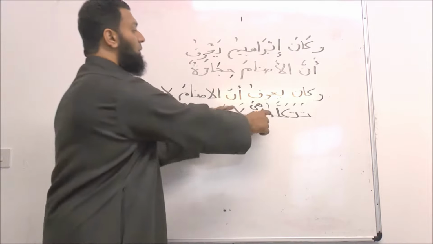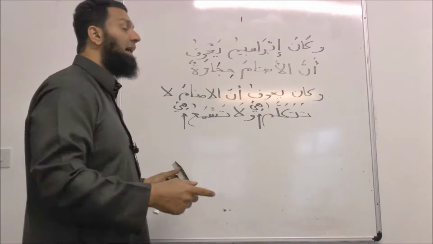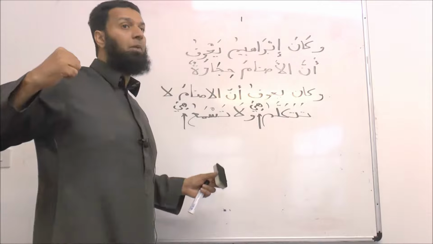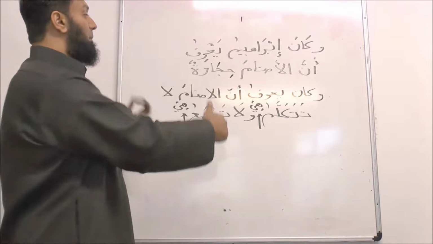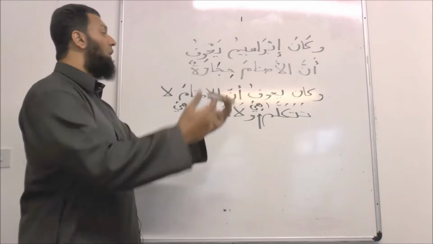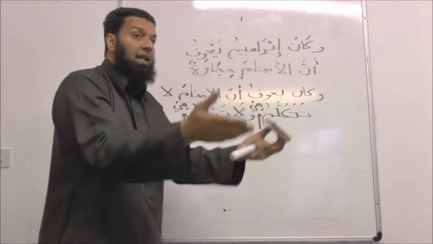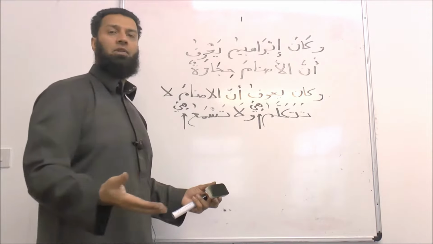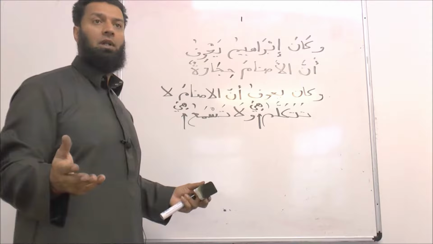If we're going to say that the idols do not speak with the people, because that's what he's saying, isn't he? The point that Ibraaheem عليه السلام made to his people is that your idols neither did they speak to anybody, nor did they hear anybody. That's the point that he's making, right?